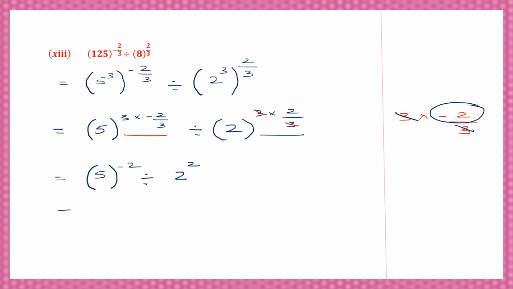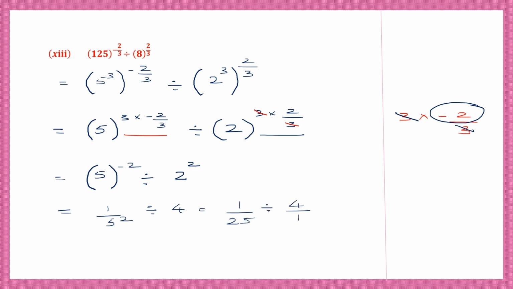So here now we have 5 raised to a negative power. That means we can write the reciprocal of 5 and make this a positive power. So this becomes 1 by 5 raised to the power of 2 divided by 2 to the power of 2, which is 4. So this is 1 by 5 to the power of 2 means 5 5s are 25, divided by 4.